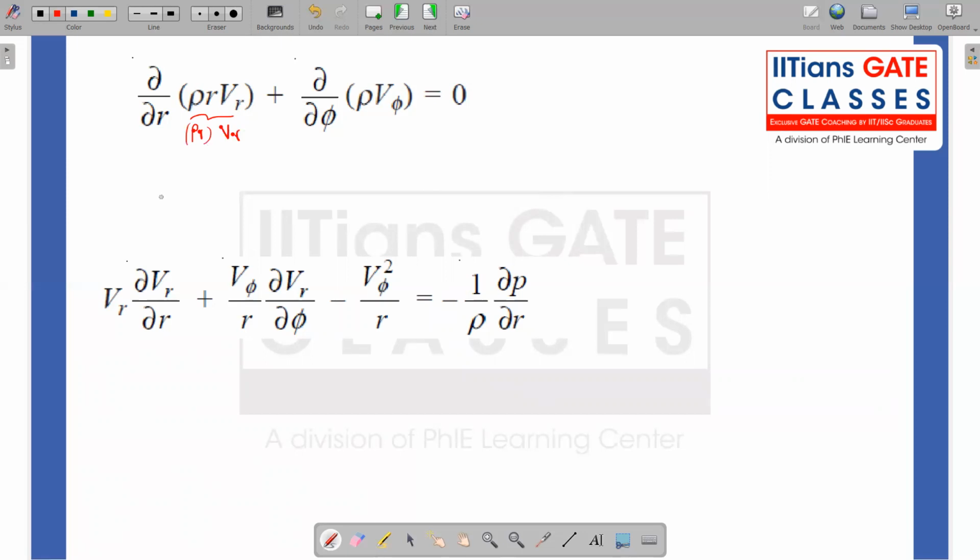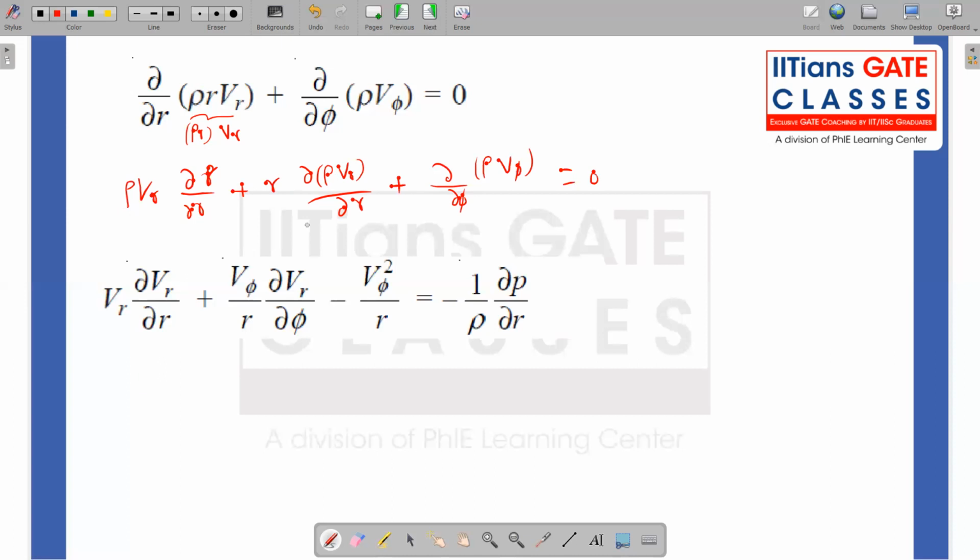So I get rho VR times dou by dou r of r, plus r times dou of rho VR divided by dou r, plus, let me keep it like this, dou by dou phi of rho V phi equal to 0. Now we know in the radial direction, this is not going to vary.